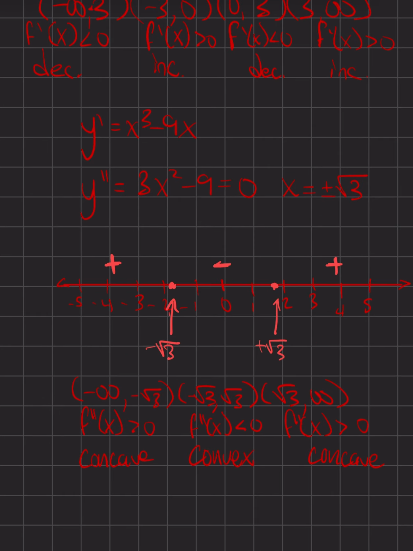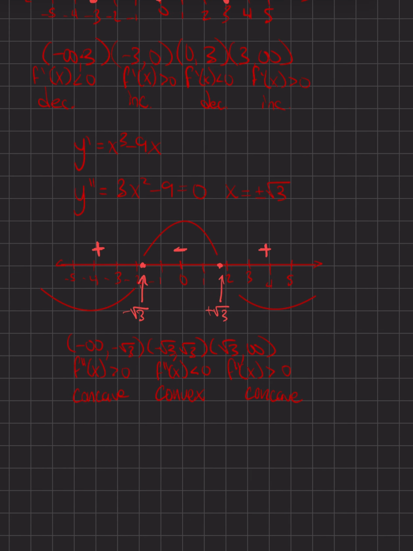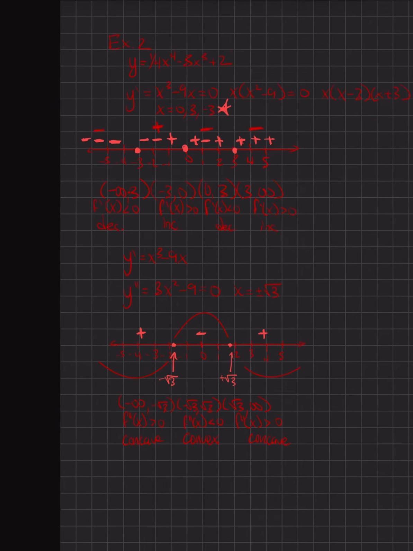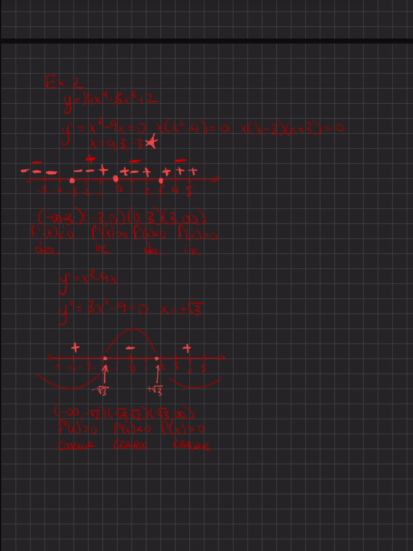So if we look at it with the little humps like I was showing before, it's going to be like this, then like this, and then like this. Now, this kind of makes sense with our function, because if we go back and look at our regular f of x function, we can see that's a 4th degree polynomial, right?